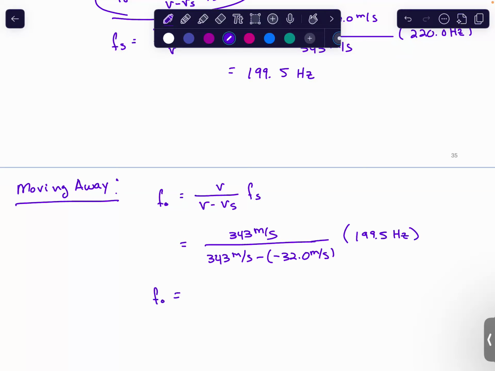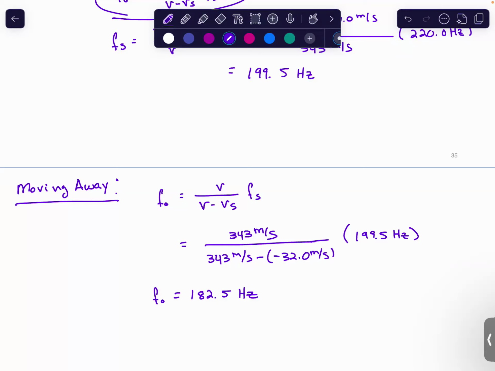As the car is moving away, you observe a frequency of 182.5 hertz. You see how the frequency has decreased. So as it's getting closer to you, the car has a higher frequency. As it's moving away, it has lower frequency, so the pitch changes.